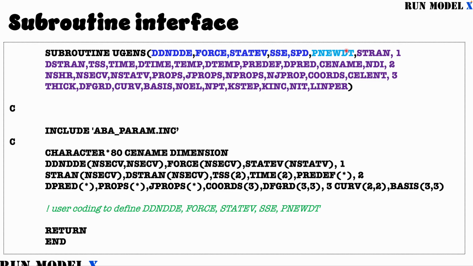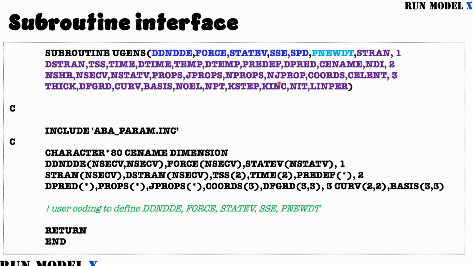And there is also an optional variable, PNEWDT, so you can modify and update that or not. The other variables are passed just for your own information, so you can use this information to compute these variables.